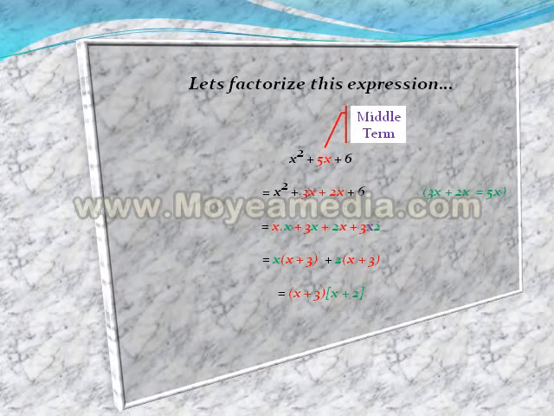So now I'm taking x plus 3 common. When I took x plus 3 common, what remained inside is, from the first term, just the x, the green one. And in the second term, when x plus 3 goes out, what remained is 2, the green 2.